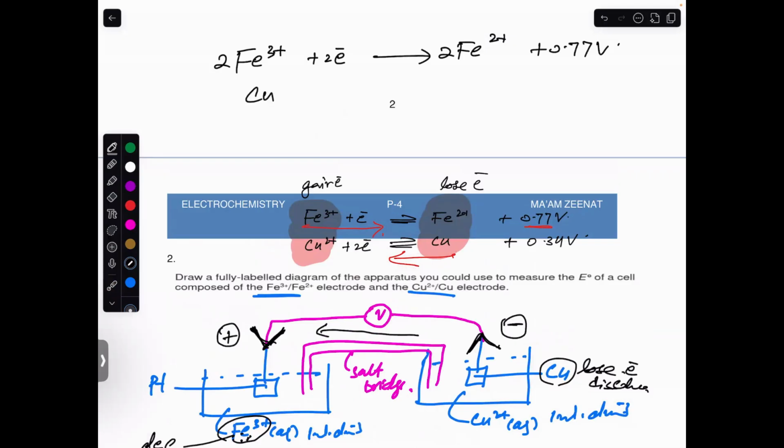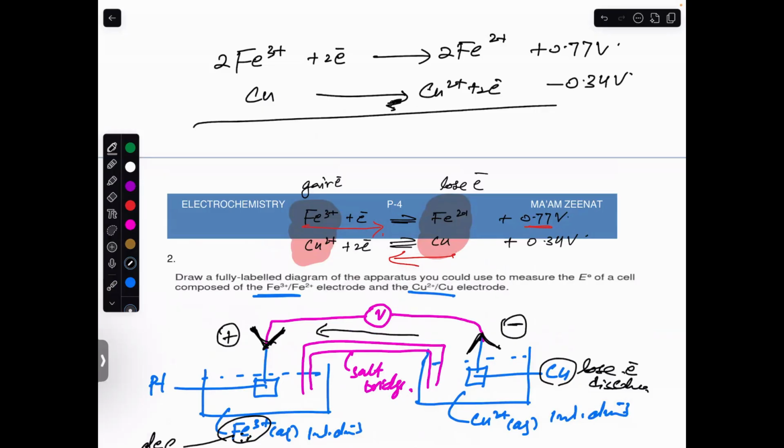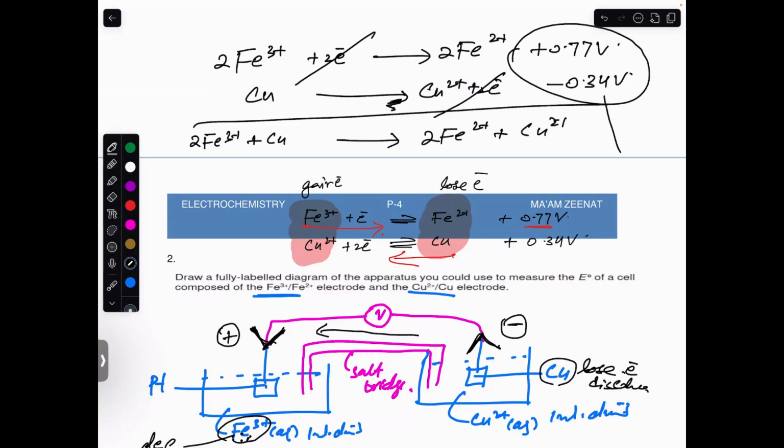The copper will flip: Cu2+ plus 2 electrons, and this becomes 0.34 volt. The electrons cancel. So 2 Fe3+ plus copper making 2 Fe2+ plus Cu2+, and the sum is 0.77 minus 0.34, which is +0.43 V, the E cell, the potential difference.